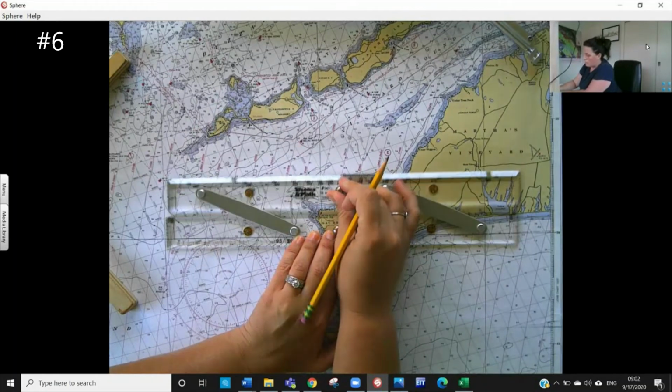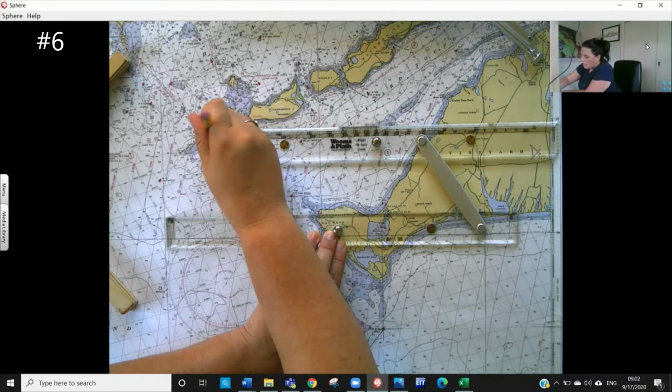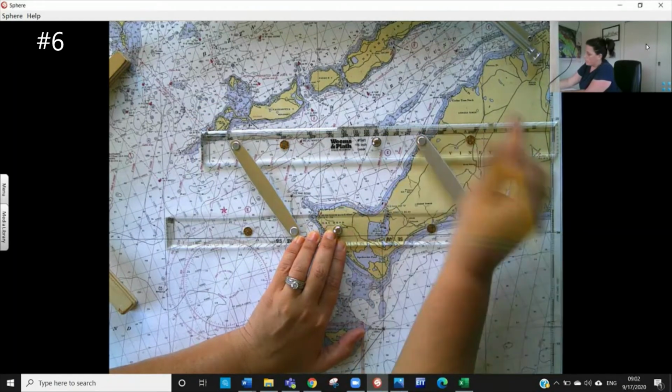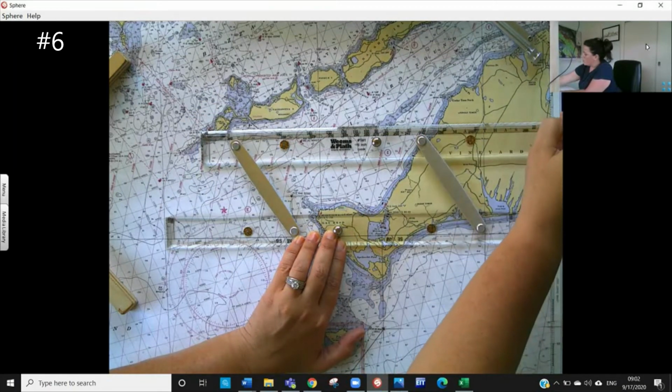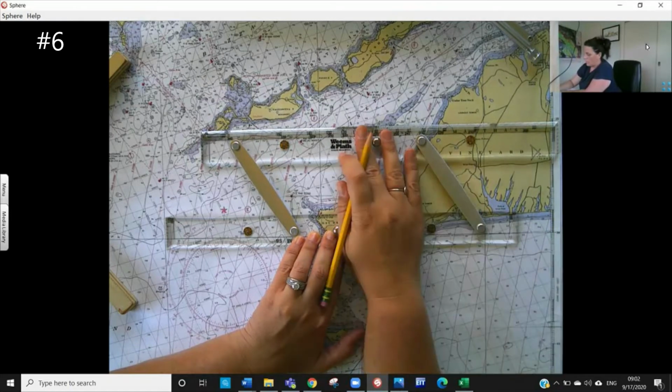So I'm going to parallel that up to the light, right about there. You can see that. And it crosses my latitude line as well, so we don't have to adjust it. So that's great.